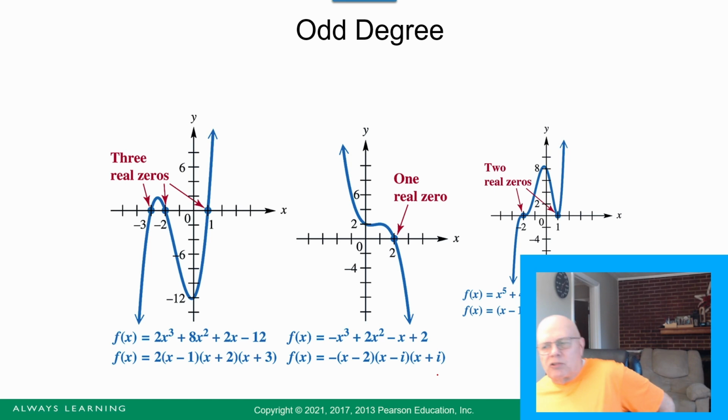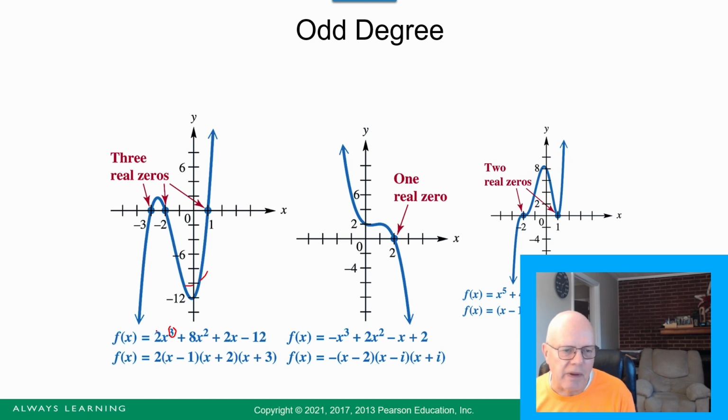So we're going to have a bunch of pictures this time. Here's an example. Notice this is an x cubed. So it looks like on the extreme right and the extreme left, it looks like the cube function. If you ignore this middle part, it looks like a cube function.